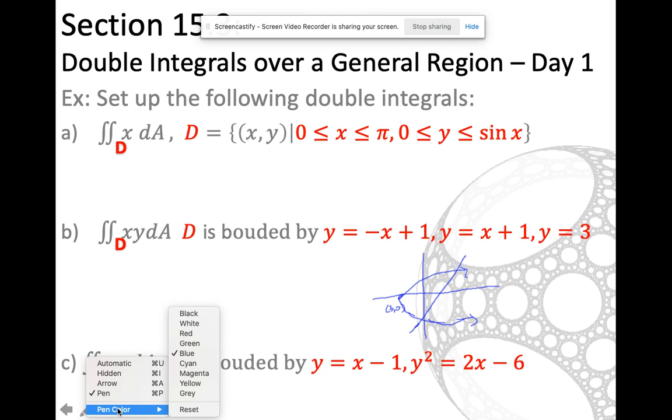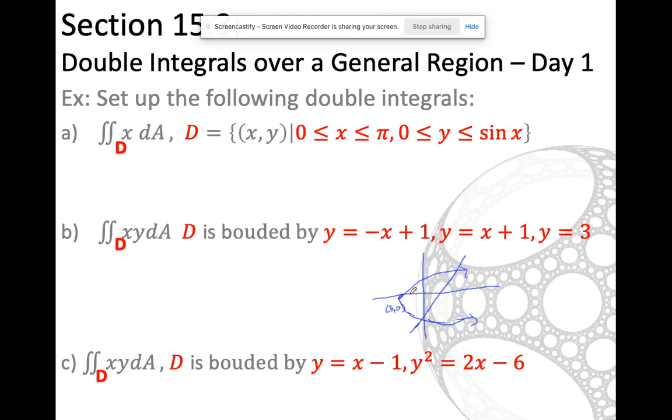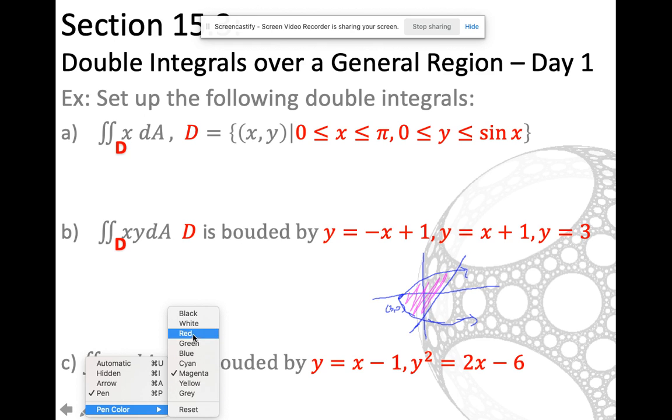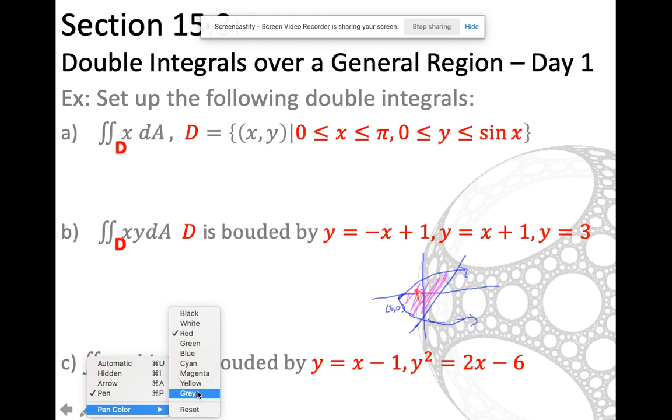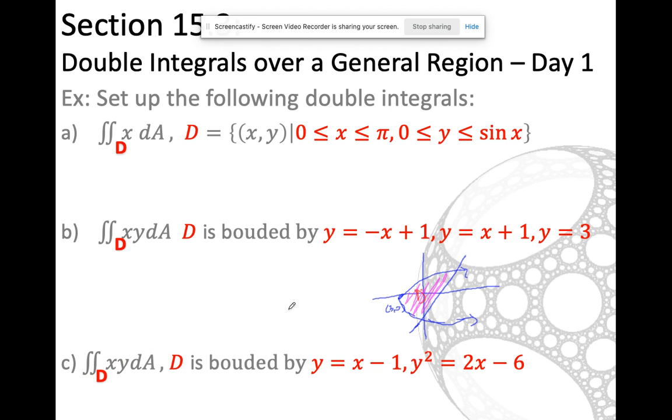So the region that I'm interested in, the non-rectangular region, is right here. That's my D. So think about the strips. What kind of strips would I be drawing through here? Do I want to do vertical strips? I don't think so.